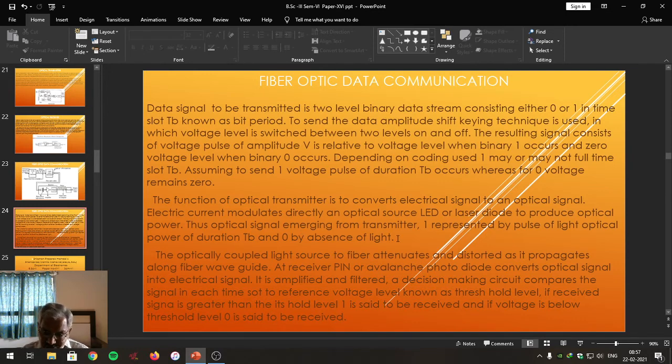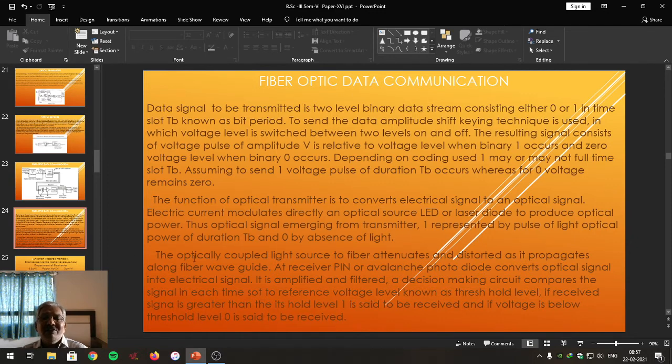This is the working of the transmitter. If the incoming digital data is 1, the LED emits light. If it is 0, it remains off, indicating that the signal is 0.